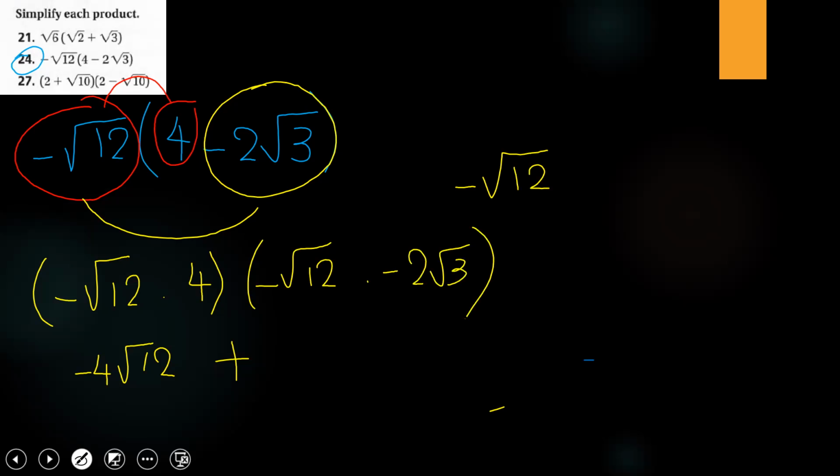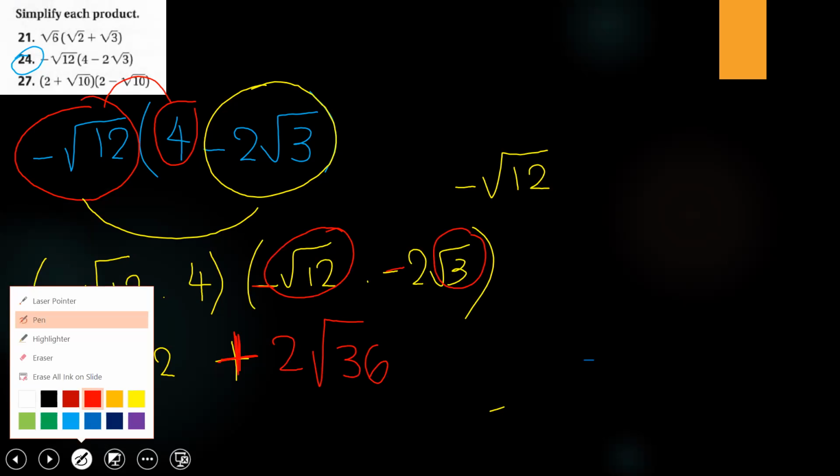So how will it be? It will be positive: negative minus negative is a plus. Then square root of 12 times 2 times square root of 3. We write 2 first, then we multiply the square roots: 3 times 12 is 36, so we combine them as square root of 36.